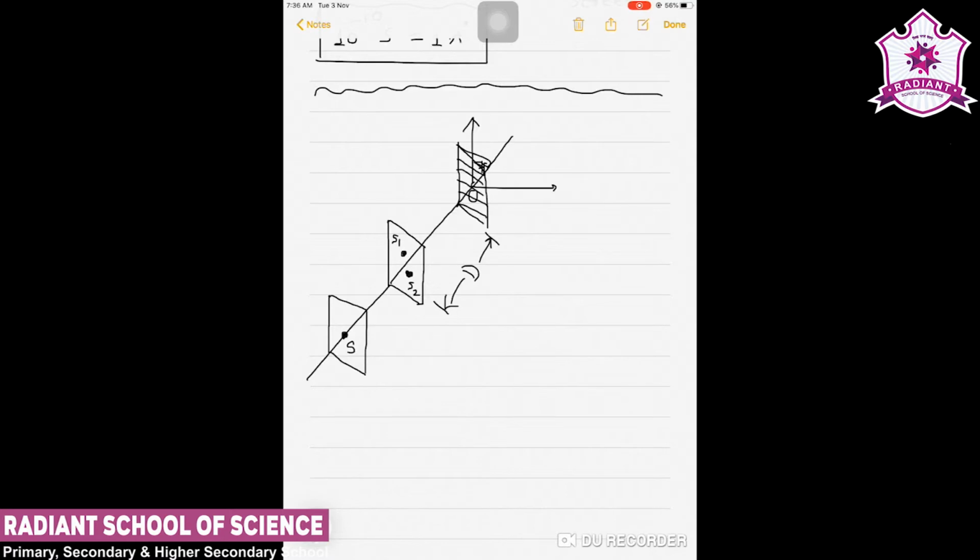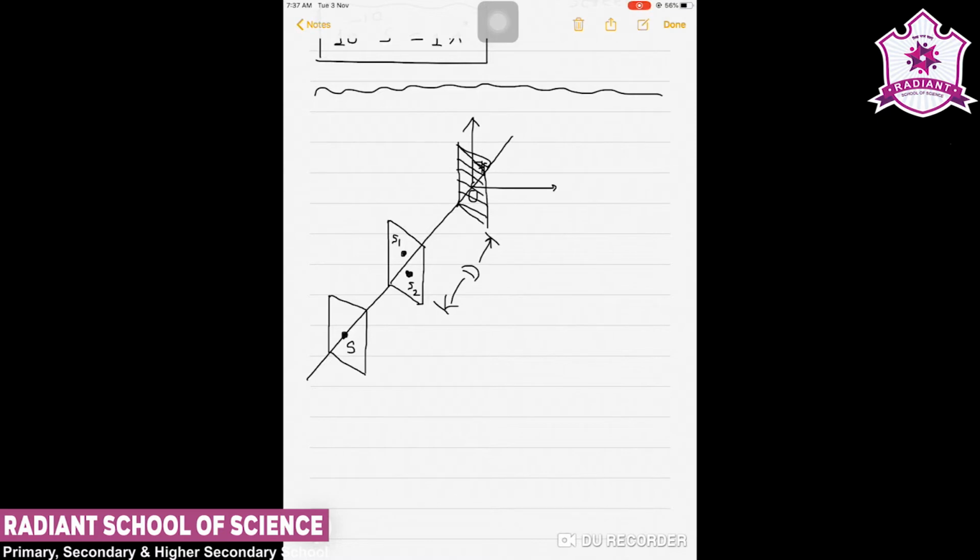Light waves spread out from S and fall on both S1 and S2. Here S1 and S2 behave like two coherent sources, because the light waves coming out from S1 and S2 are derived from the same original source, and any abrupt phase change in S will manifest in exactly similar phase changes in the light coming out from S1 and S2. Thus the two sources S1 and S2 will be locked in phase.